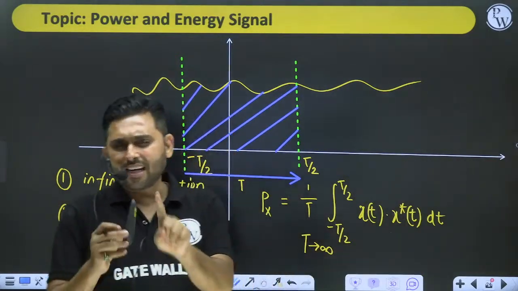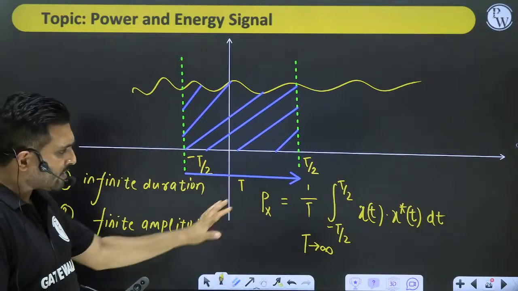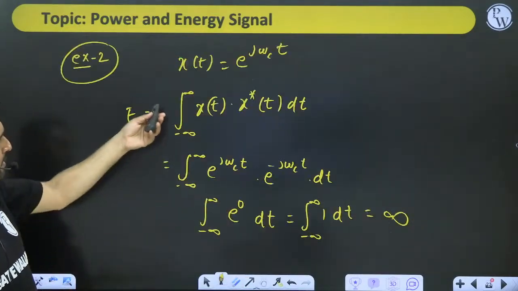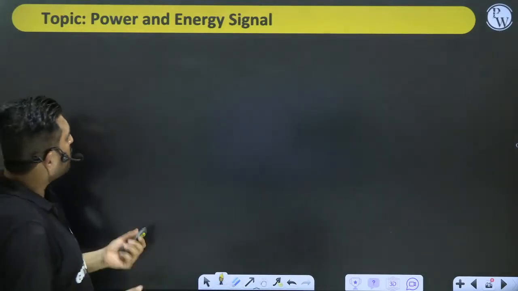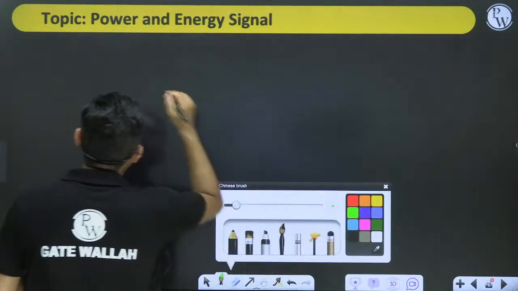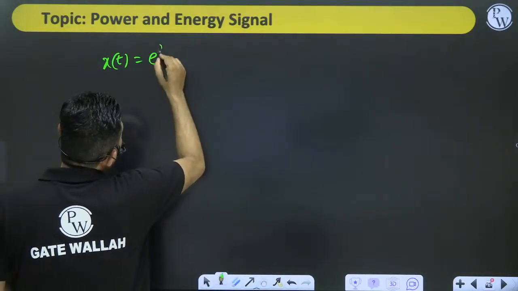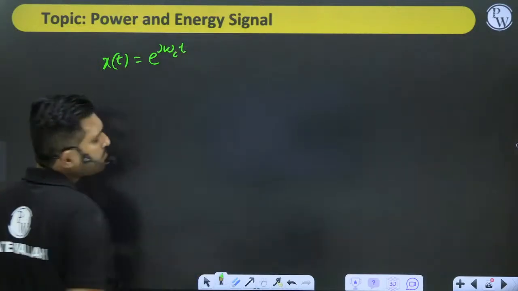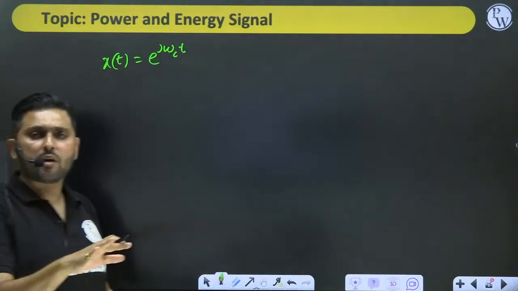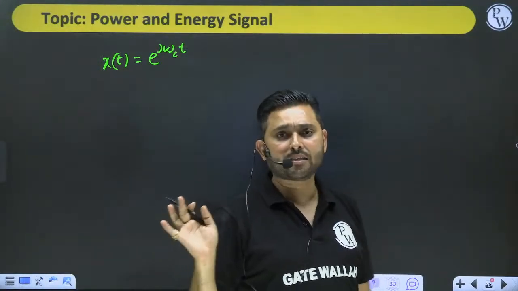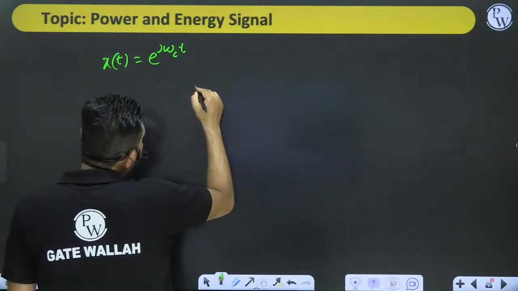The question is whether this theory is applicable to this signal or not. Let's do it. Our example was x(t) equal to e to the power j omega_c t, and let's find the power of the signal instead of the energy.